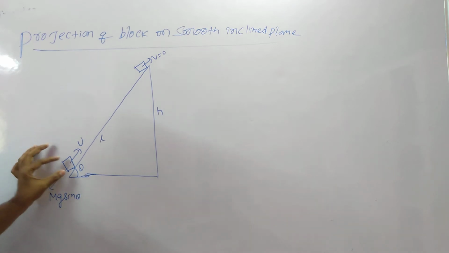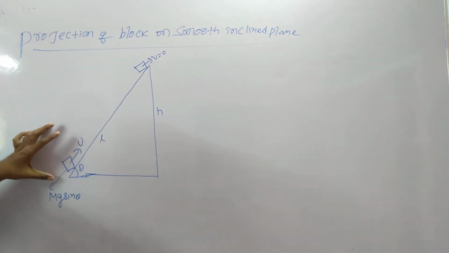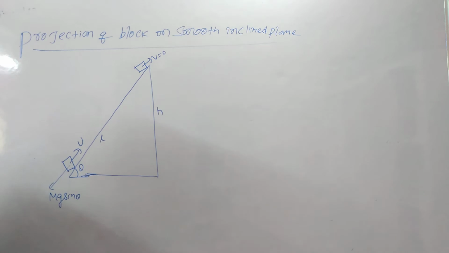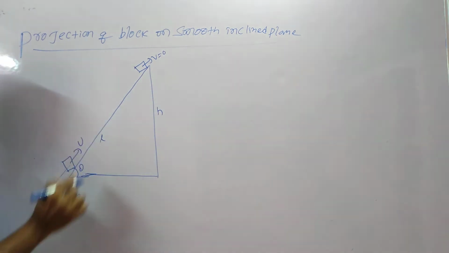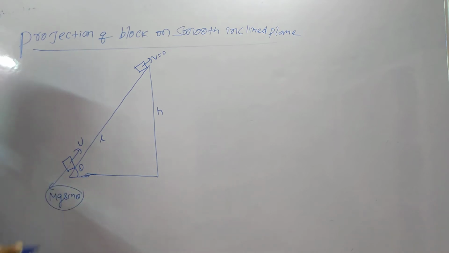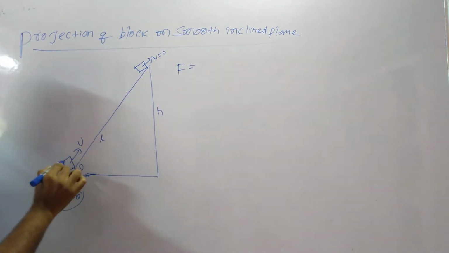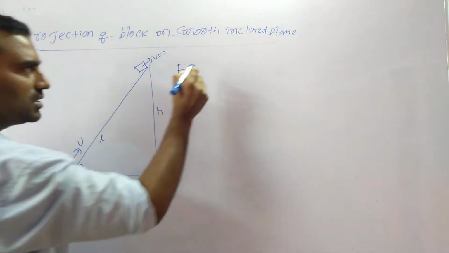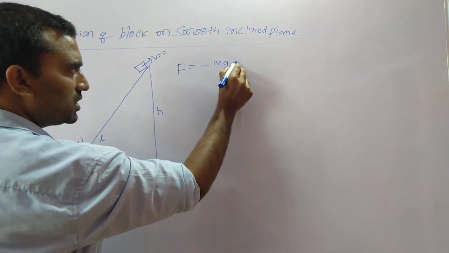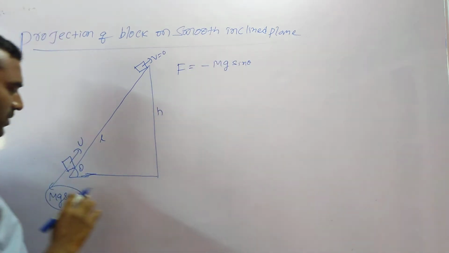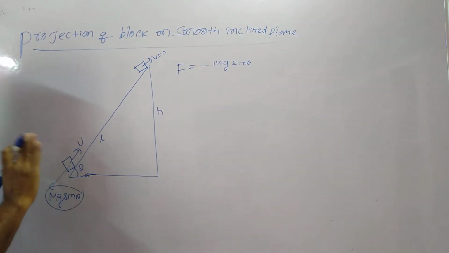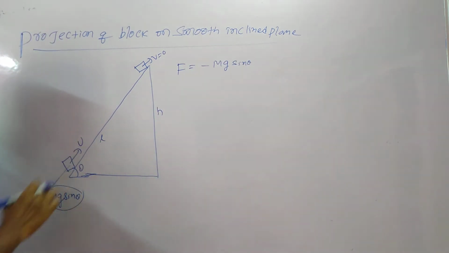When the body is moving up, this force does not support the motion; it opposes the motion. So the force on this block along the plane is minus mg sin theta, because mg sin theta opposes the motion.